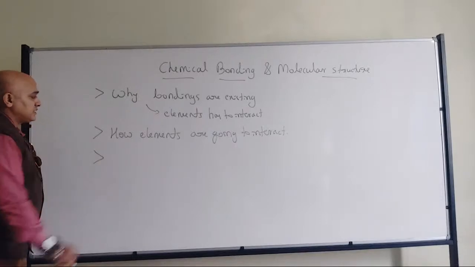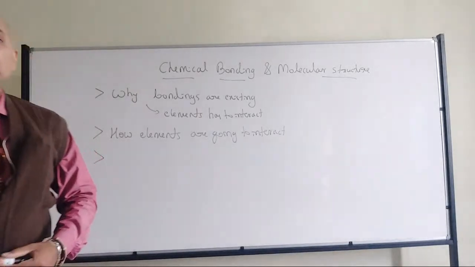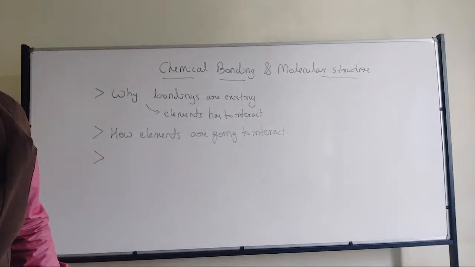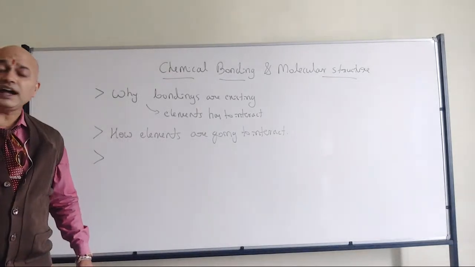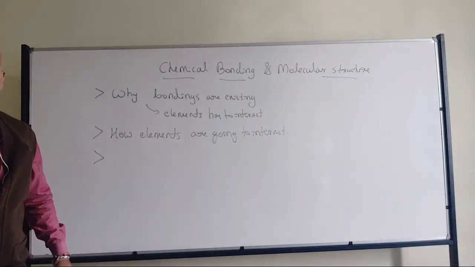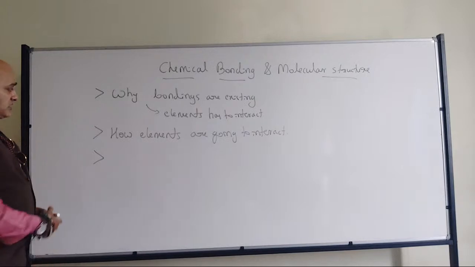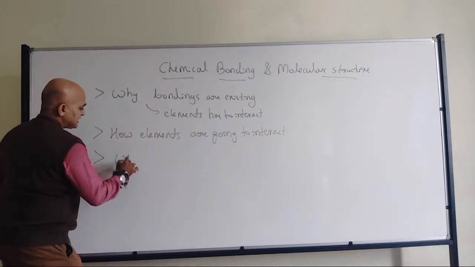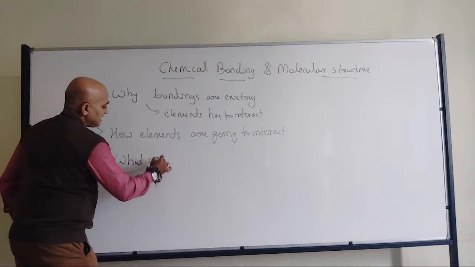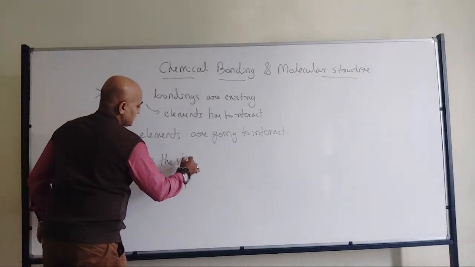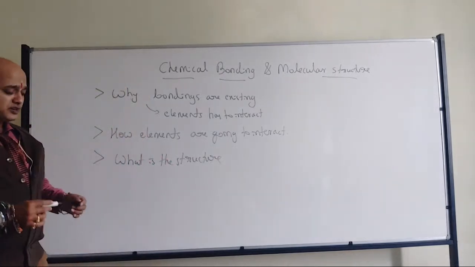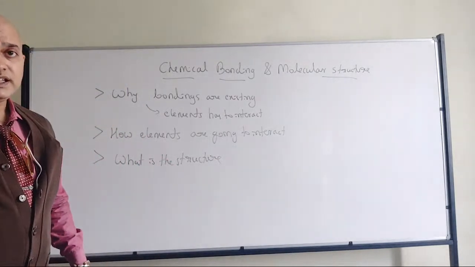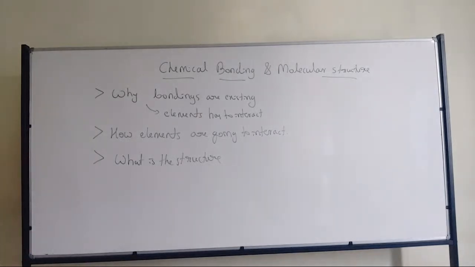And then next it will be with respect to how they are arranged. How are these elements arranged? They have interacted, fine, but how have they been arranged? What is the structure? So next one will be the structure of the compounds. That's what we are going to discuss at the end.